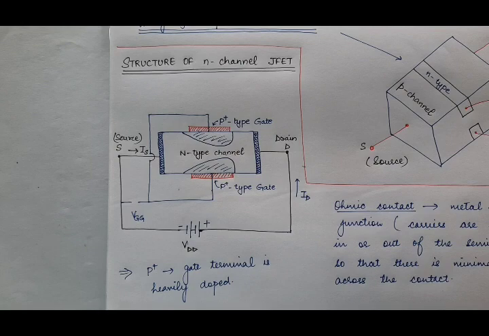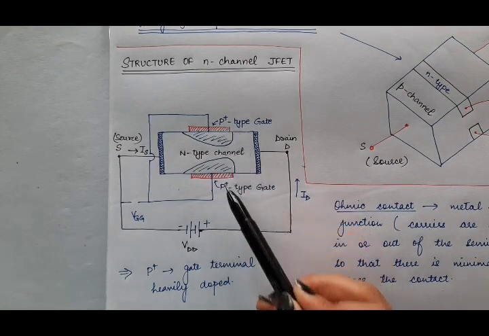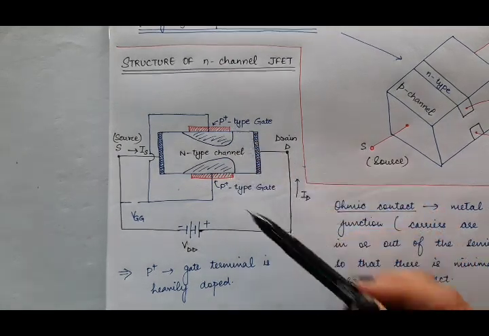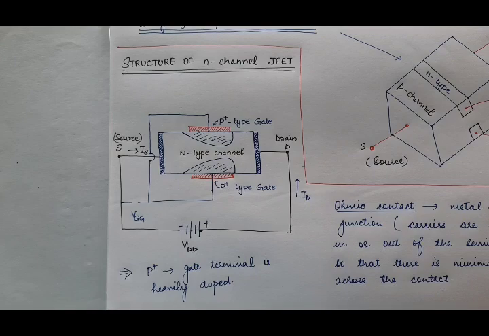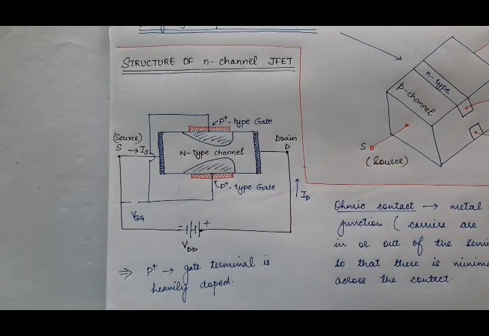Then what about the biasing of these two PN junctions? These two PN junctions are always reverse biased. It means the gate terminal is always reverse biased.